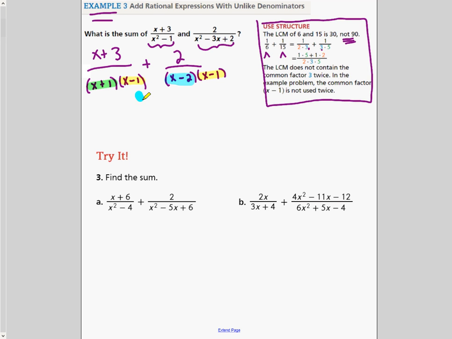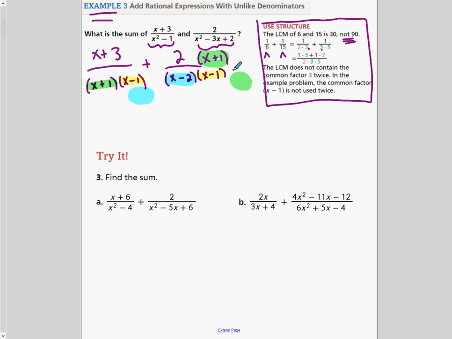The one on the right has blue and yellow, but it needs green. What we're going to do is multiply the top and bottom over here by the green x plus 1. Okay, so we're going to multiply top and bottom by x plus 1.